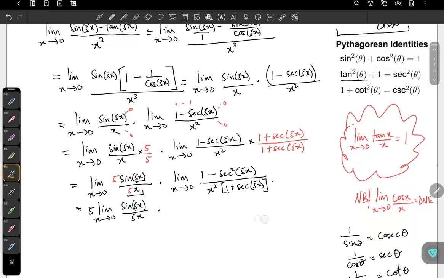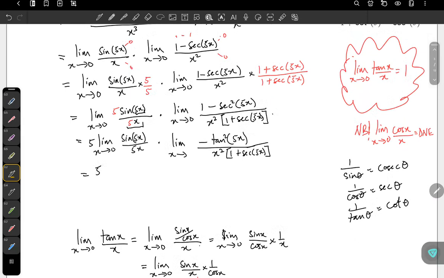And how does that help us? We can already see here that this will produce negative of tan squared 5x over x squared, then times 1 plus sec 5x.